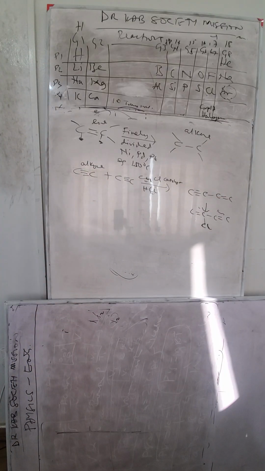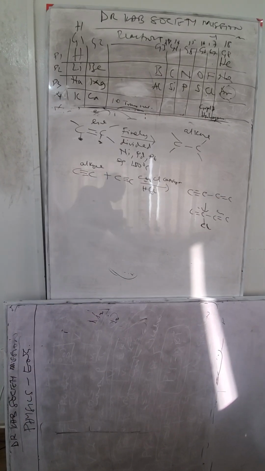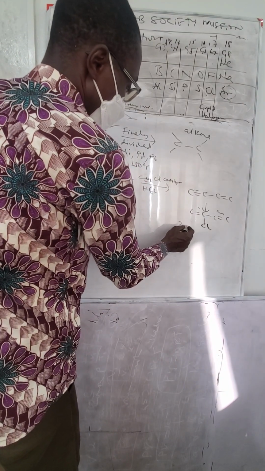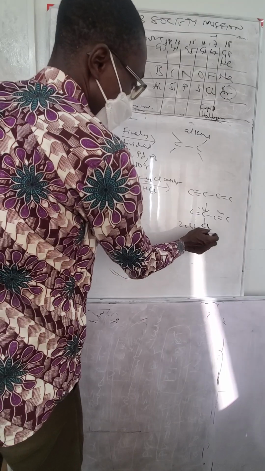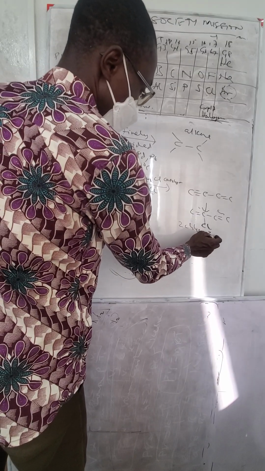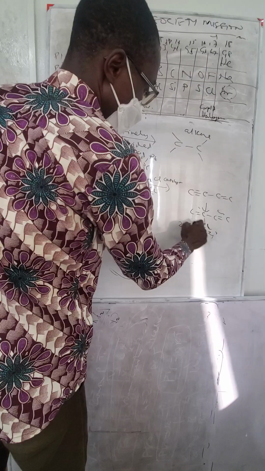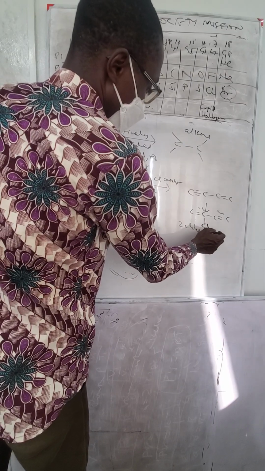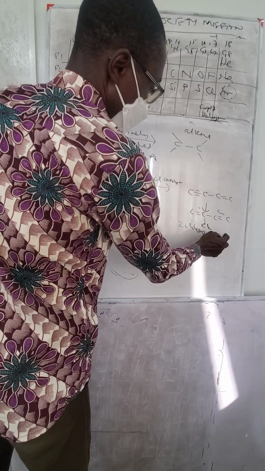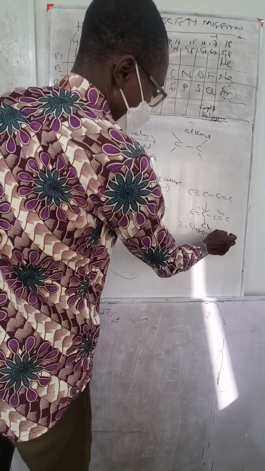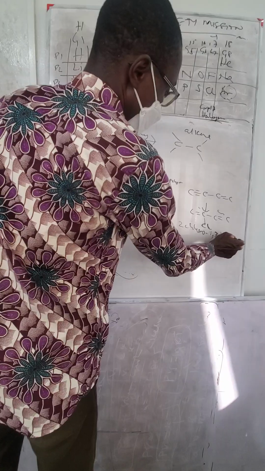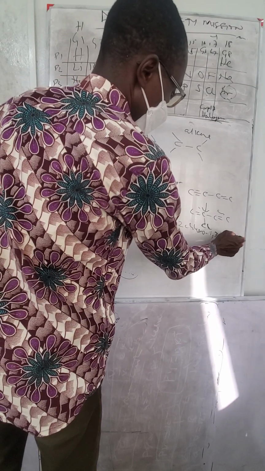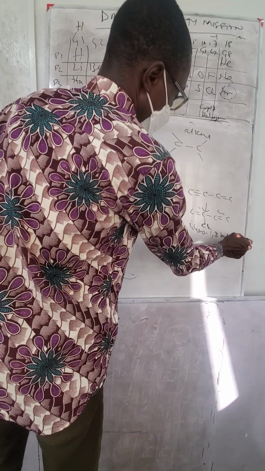Okay, right. So that is 2-chloro-1,3-butadiene.